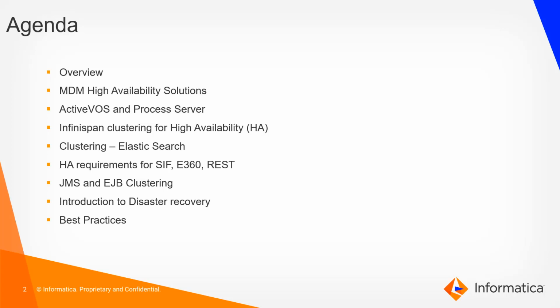Then we are going to discuss HA requirements for CIF and REST-based applications and the E360 application. Then there is also JMS and EJB clustering for high availability. And an introduction to DR and the DR steps and setup. And at the end, we are going to go through the best practices.